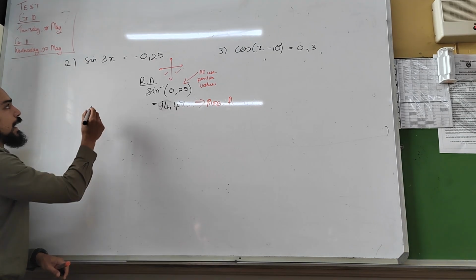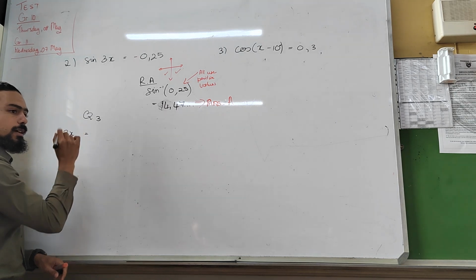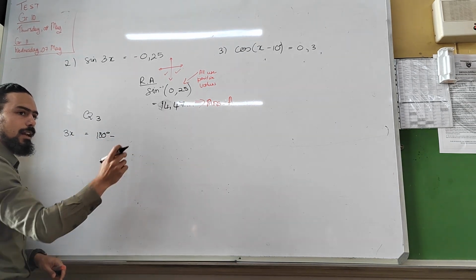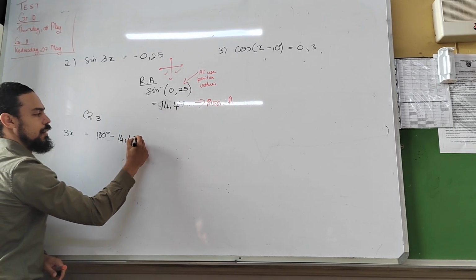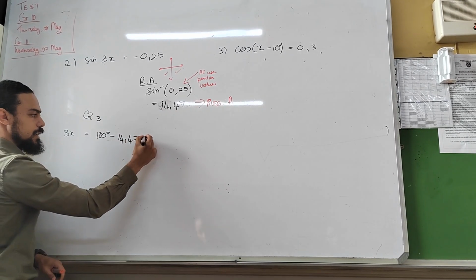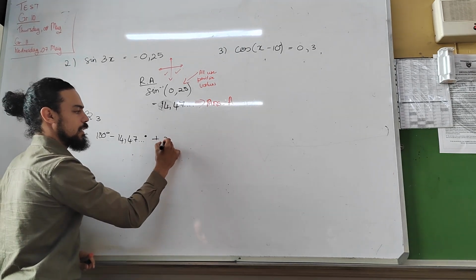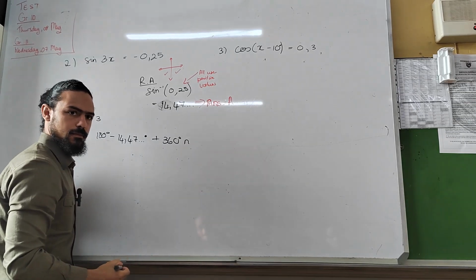So I'm going to say this angle, which is 3x, is equal to, in quadrant 3, we'll always say 180 minus the reference angle. But the reference angle is here, 14,47 degrees. All right. And then I'm going to say plus 360n.